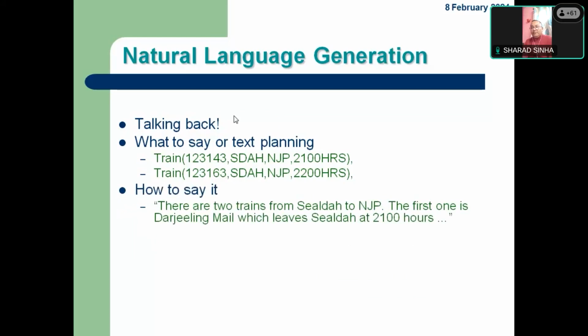So here's an example that there are two trains from Sialdah to NGP. The first one is Darjeeling Mail, which you see these are all now 1, 2, 3, 4, 3, 1, 4, 3 means Darjeeling Mail. So that is there in the system, and it translates the data in a structured manner. This is actually not in the language. It has its own structure, but if we talk about data, this is unstructured data rather.